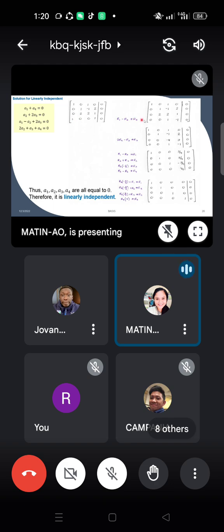Row 1 minus R4 is equal to R4, put the answer in R4.